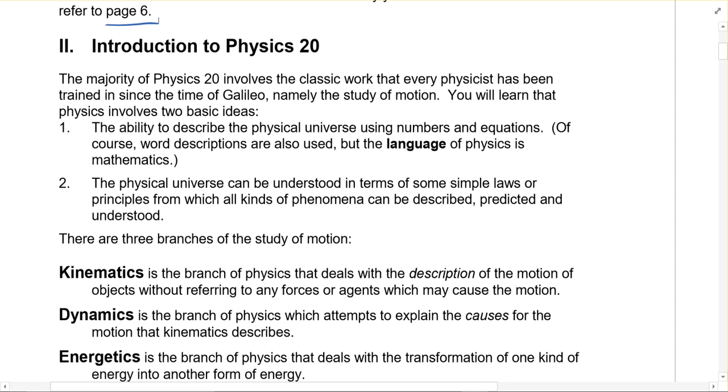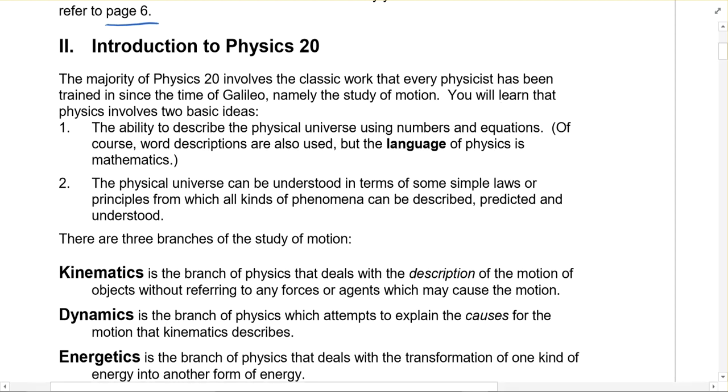All right, so introducing Physics 20 here. I just want to give you an outline of what physics really is. It's going to be two things really, and everything we're going to learn in Physics 20 is something that all physicists would know, and has been really important for them to build on until they become nuclear physicists.